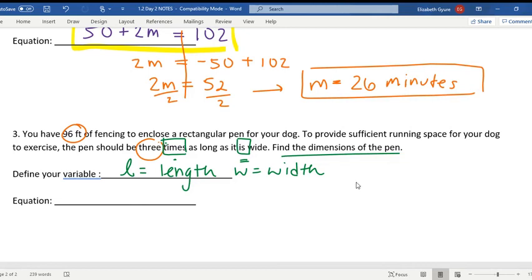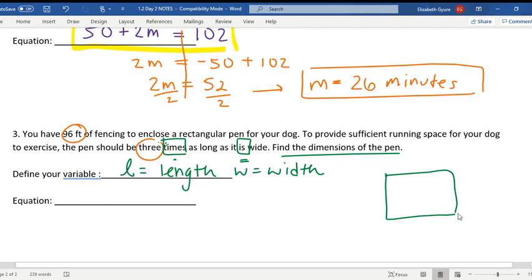So here's what I'd like you guys to do: draw yourself a little visual. Draw yourself a rectangle over here. We have our length, that's the longer side, and then our width, that's the shorter side. It says the pen should be 3 times as long as it is wide. What that means in this problem, guys, the width is just the width.